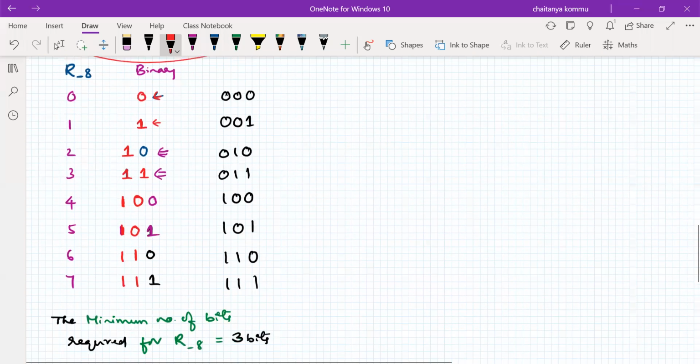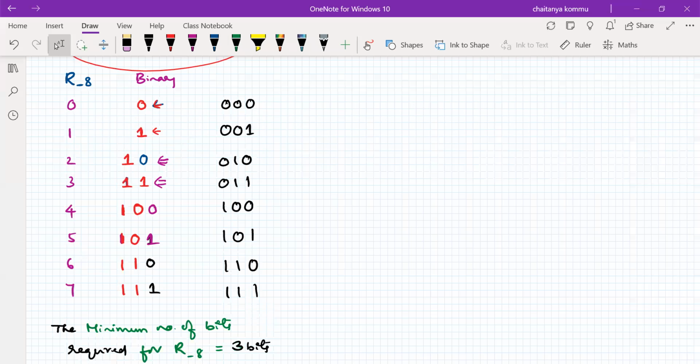Okay. Next, we'll do another one. So radix 10, we consider radix 10. Radix 10 means how many digits are there? 0, 1, 2, 3, 4, 5, 6, 7, 8, 9.